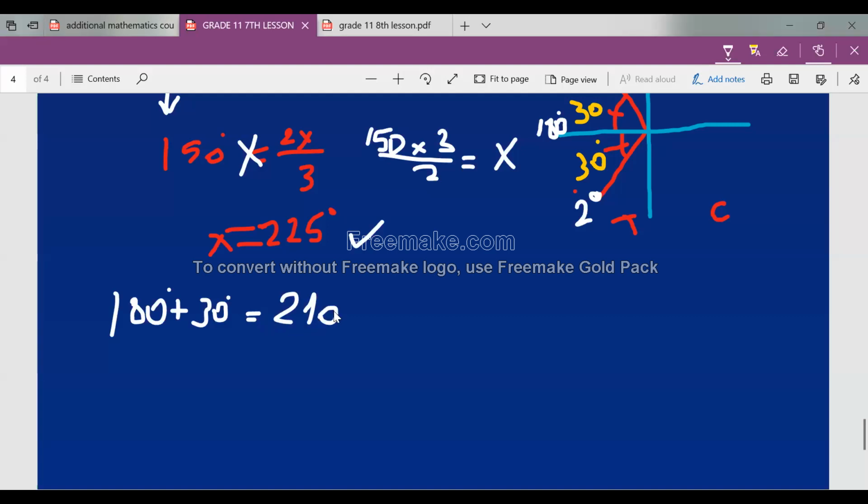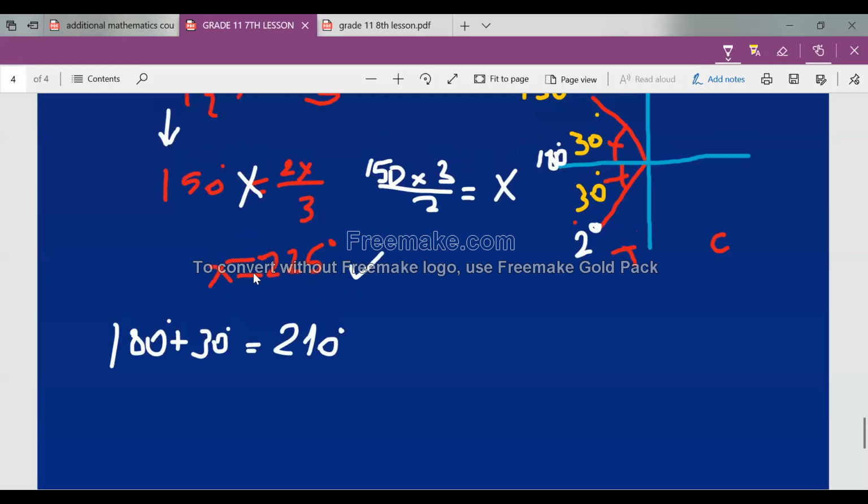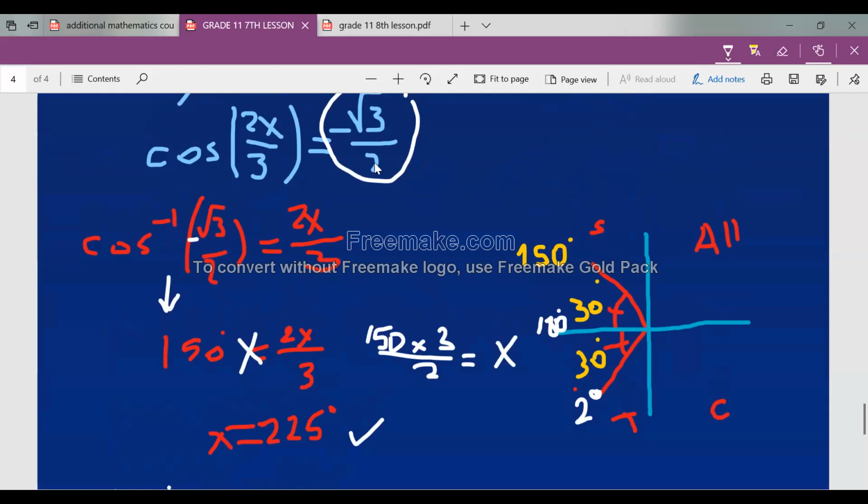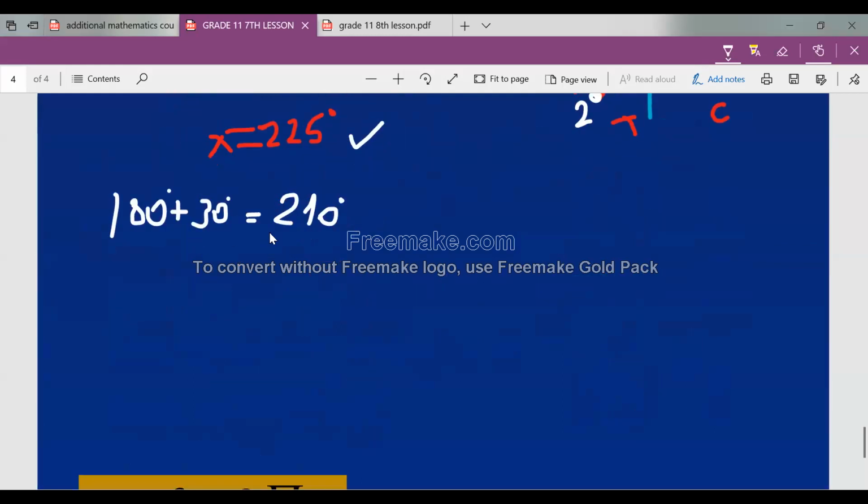It's in the third quadrant, isn't it? So this angle also gives us a negative solution. But 210 is not x.